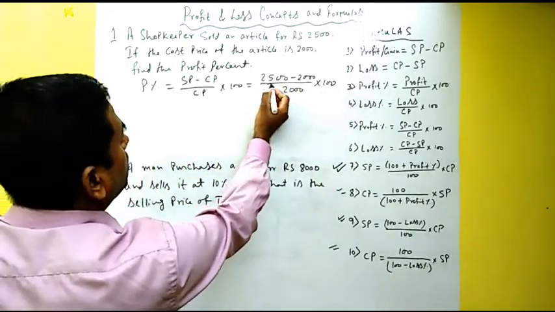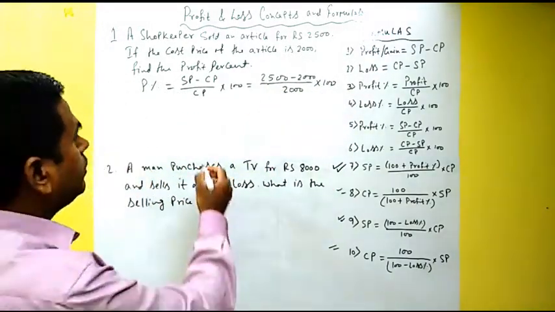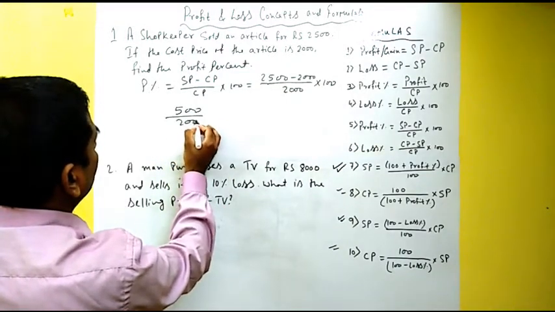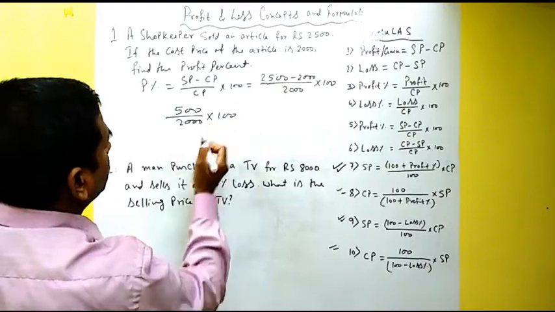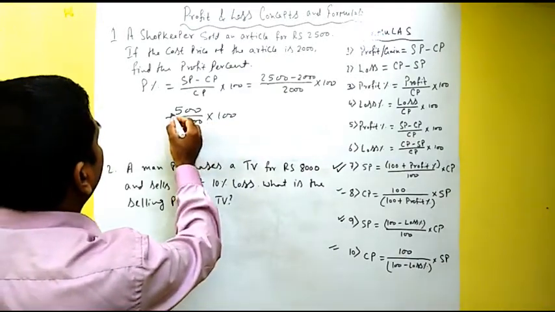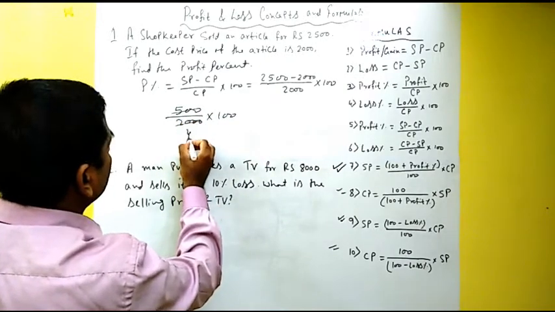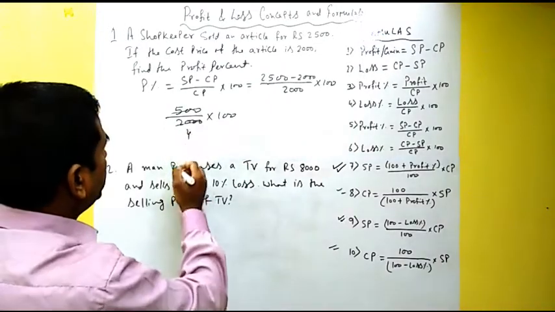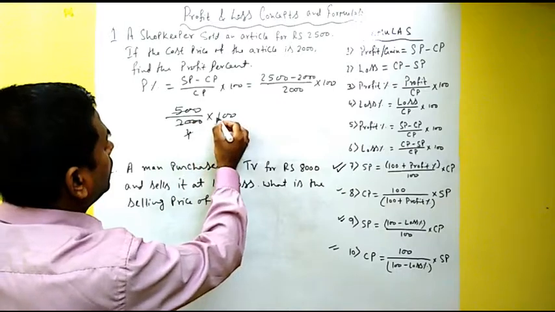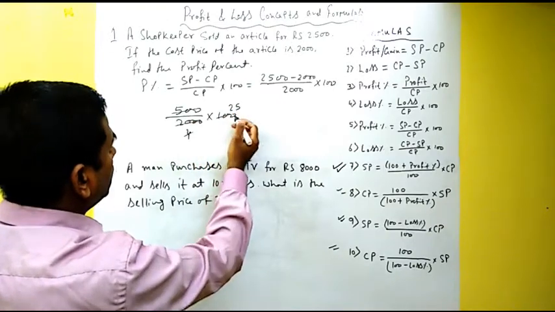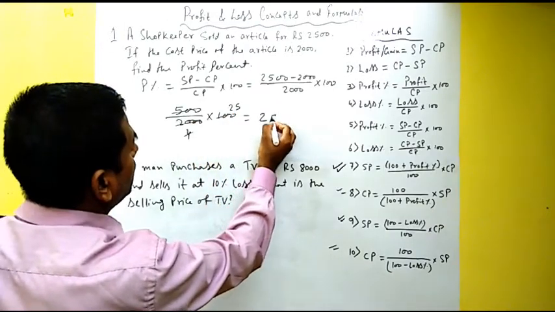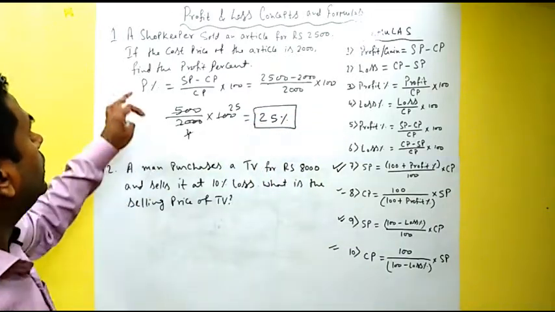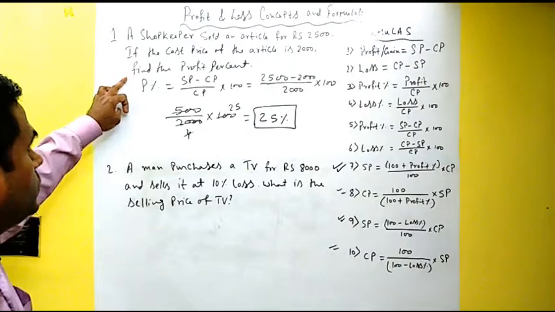So 2500 minus 2000 will give 500. So 500 by 2000 into 100. So 500 fours are 2000, because 5 fours are 20, right? And then 4 25s are 100. That means 25% is the profit percentage. Okay, so we have solved question number one.